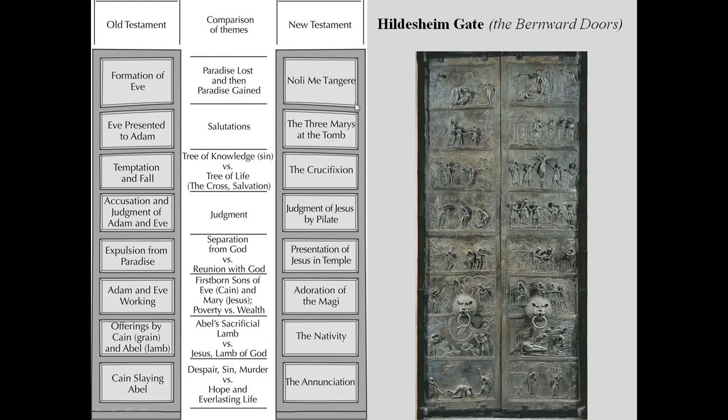Noli me tangere, I remind you, is the Latin title of the moment after the resurrection of Jesus Christ, when Mary Magdalene saw the Lord, saw her teacher alive, and wanted to touch him. She wanted to hug him, probably to feel that he was really alive.